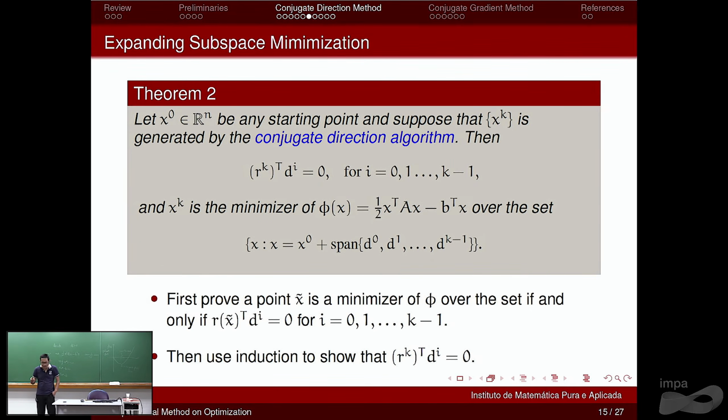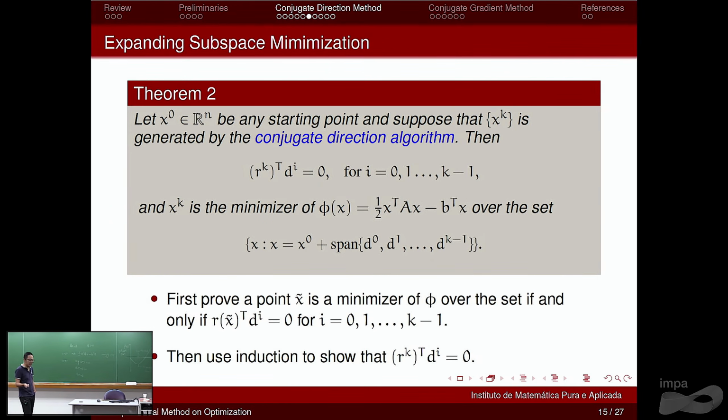Actually, this is a very important result for the conjugate direction method, and the conjugate gradient method will also preserve this property. But now we will first discuss the more general one, because for the conjugate direction method, we do not know how to construct the directions.